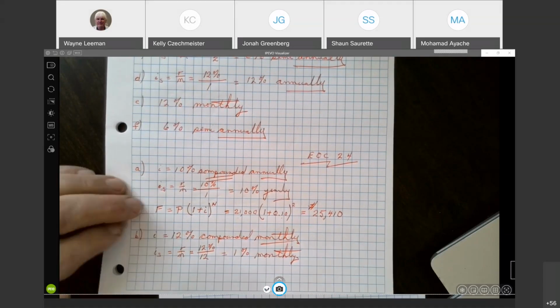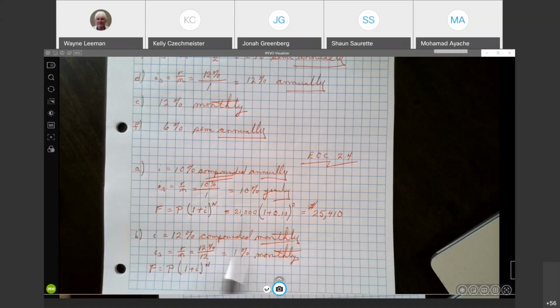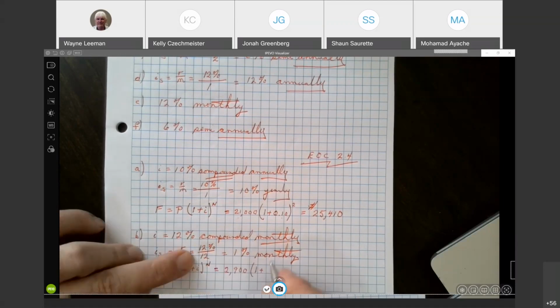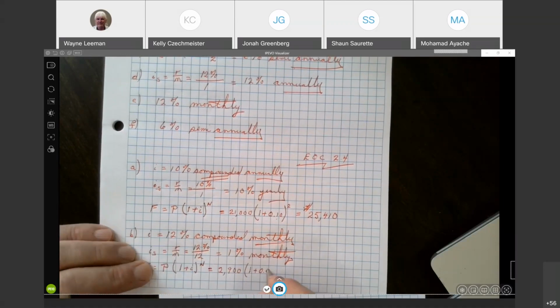So our formula, just like before, will be F, the future value, equal to the present value times 1 plus i to the n. So the principal amount here was $2,900 times 1 plus the interest rate of 0.01 in decimals, of course.